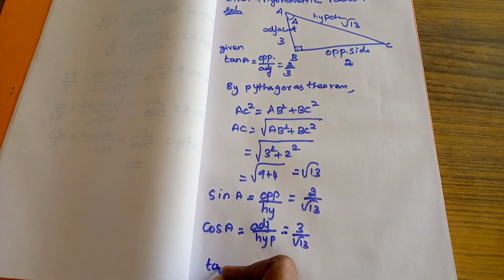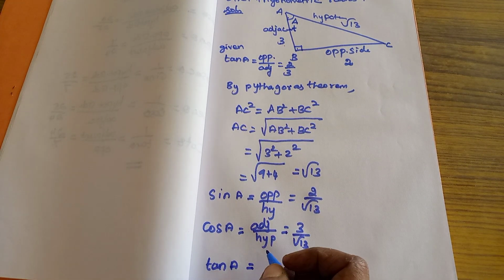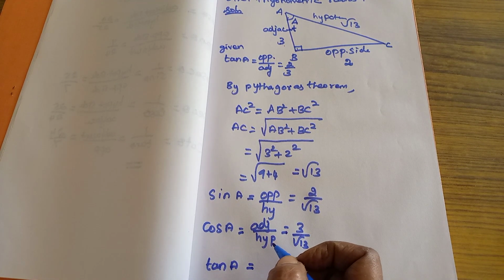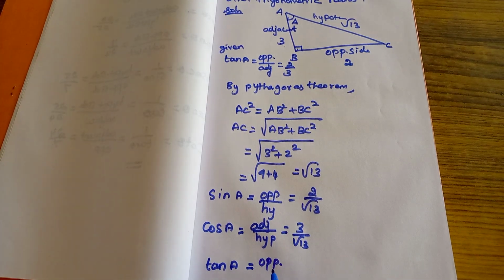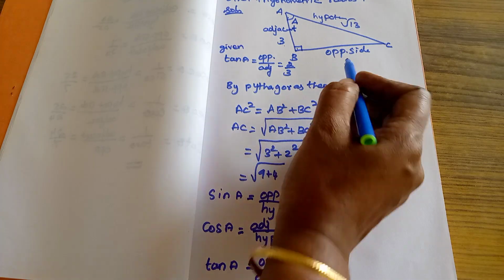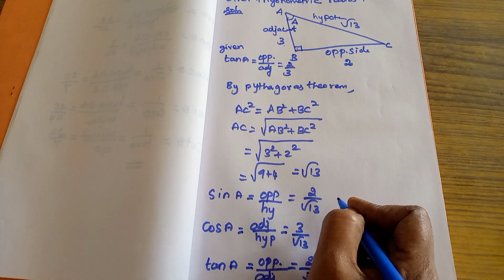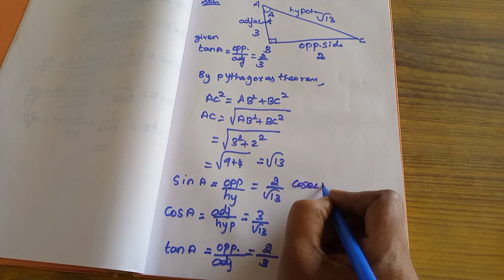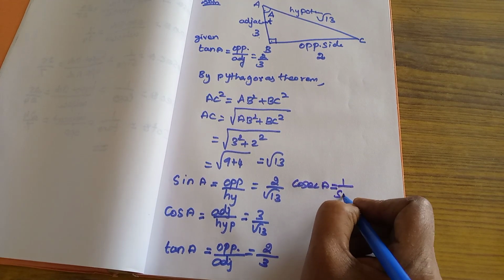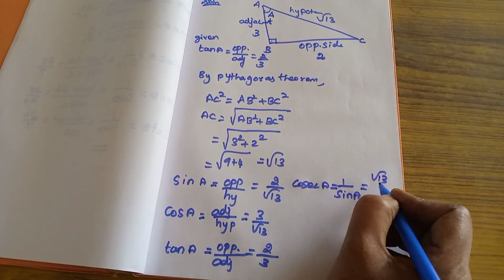And tan A. Tan A is equal to opposite by adjacent, 2 by 3. Then cosecant A. Cosecant A is 1 by sin A, reciprocally, so root of 13 by 2.